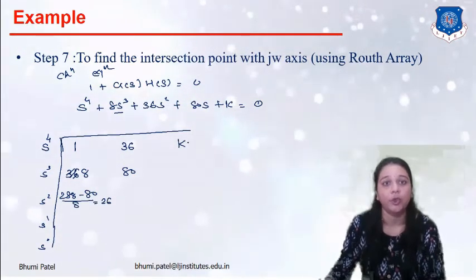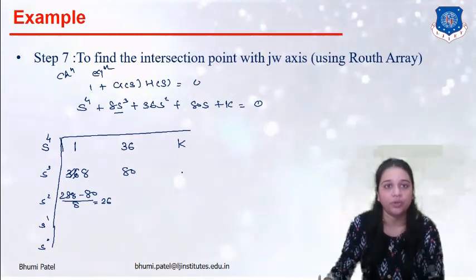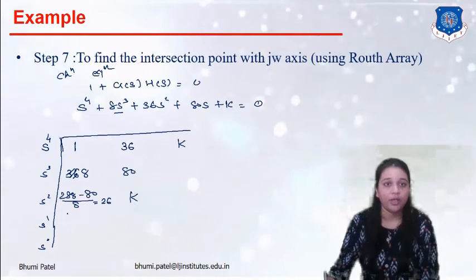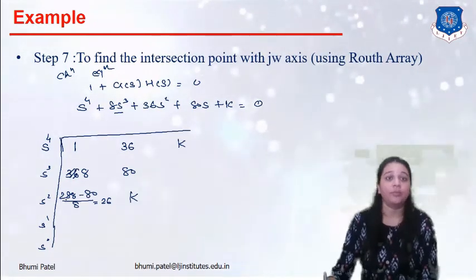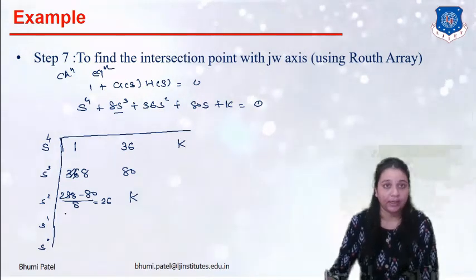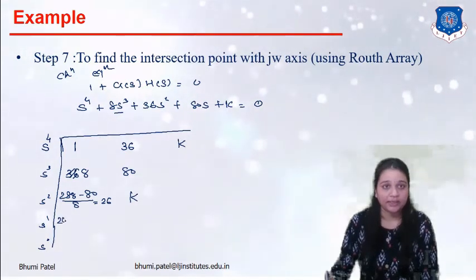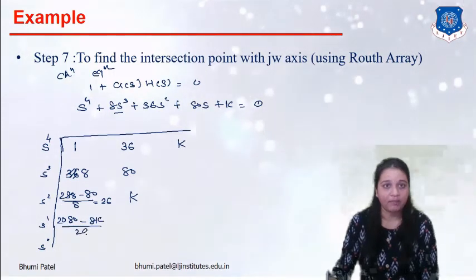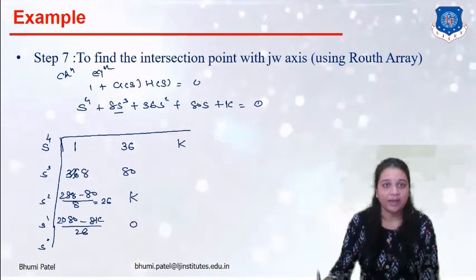Here 80 into k minus 0 into 8 divided by 8, so we can get here k. Now for s raised to 1 term, 26 into 80 minus 8k, so 26 into 80, that means 2080 minus 8k divided by 26, and here we can get the 0.